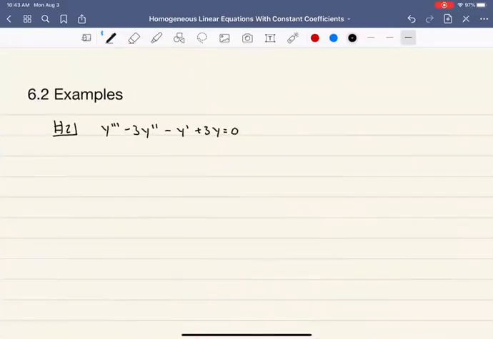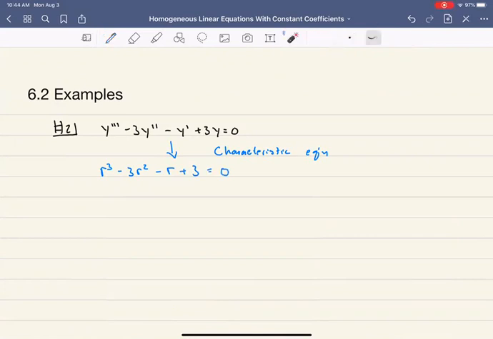I did not name it, but I think you can understand when I say the characteristic equation is going to be r cubed minus 3r squared minus r plus 3 equals 0. So this is the characteristic polynomial, and then setting it equal to 0 is the characteristic equation.